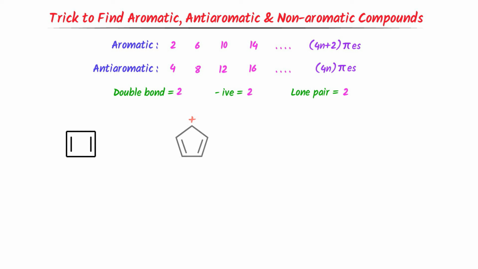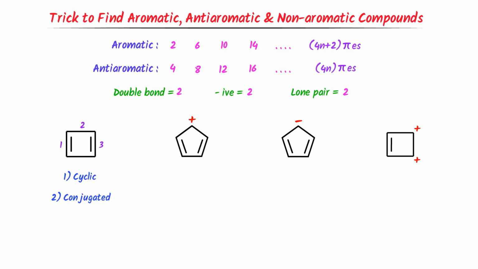Now consider these organic compounds. We can see that this organic compound is cyclic. Secondly, this organic compound contains double bond, single bond, and double bond. So it is also a conjugated organic compound. Now inside the ring, there are 2 double bonds.